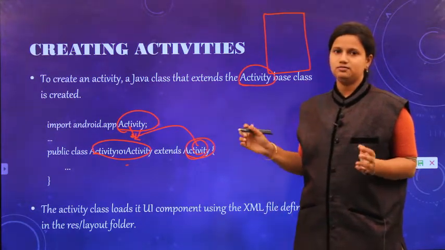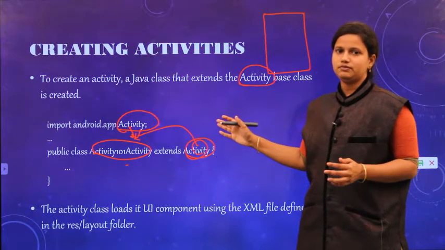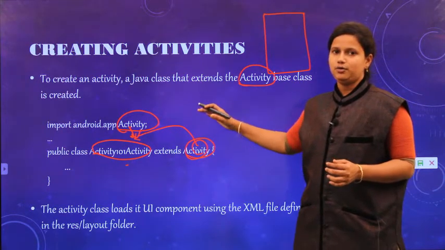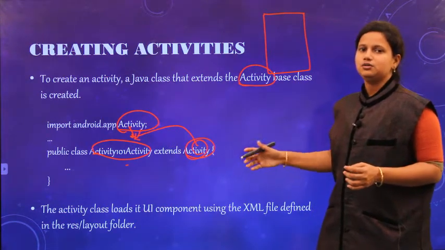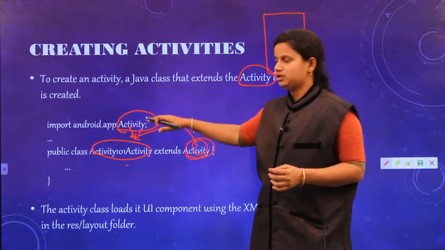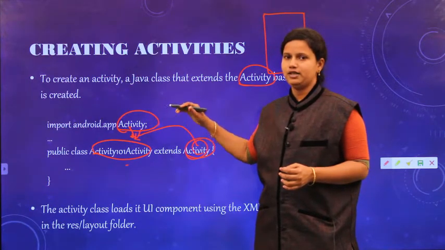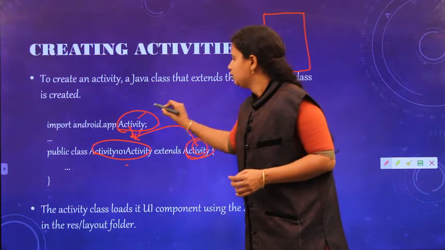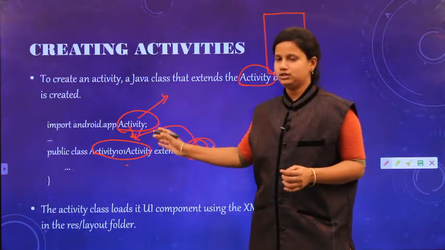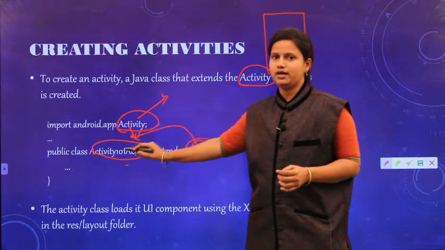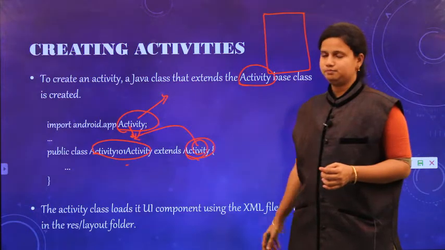To create any activity, we go to the Java file. The Java file mainly consists of the imported classes and the public static void main method. In the same way, first we import the different classes, and the main one we require is the activity import. Then we create the public class which extends the activity class.